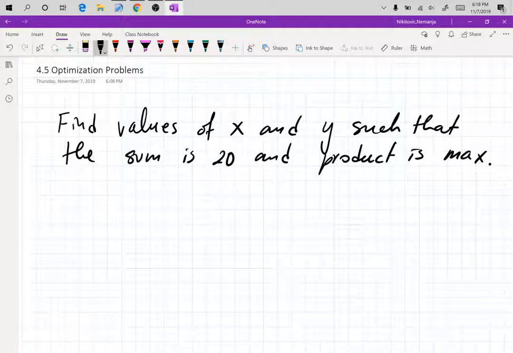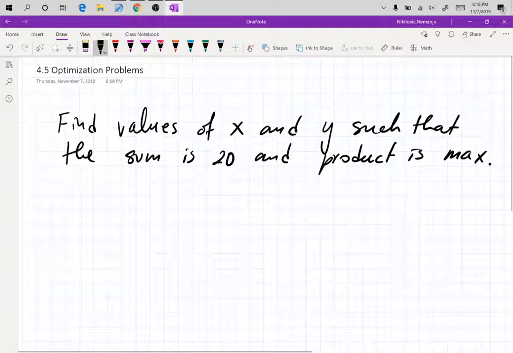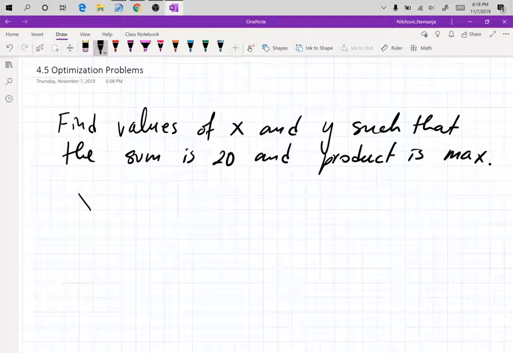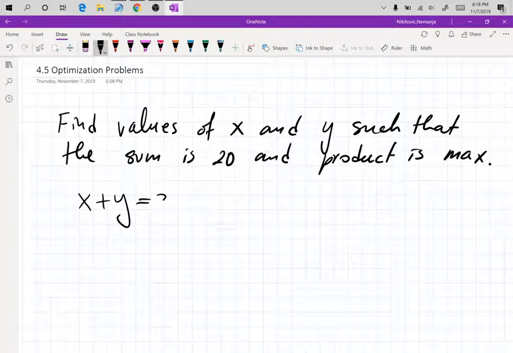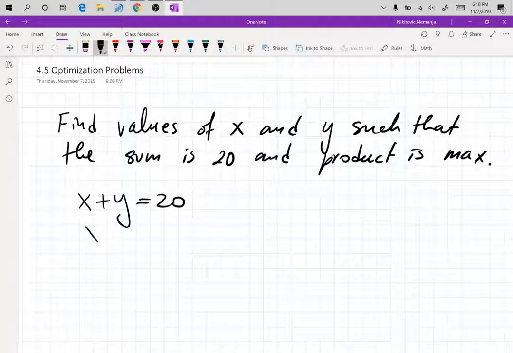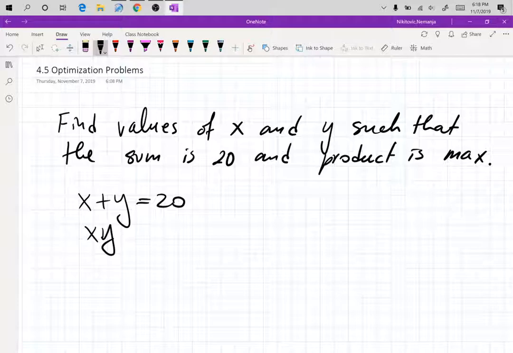So we are going to have two equations here, one for each piece of data. The first says that the sum has to be 20, so x plus y equals 20. The second is that the product is max, where you would say x times y equals a max.